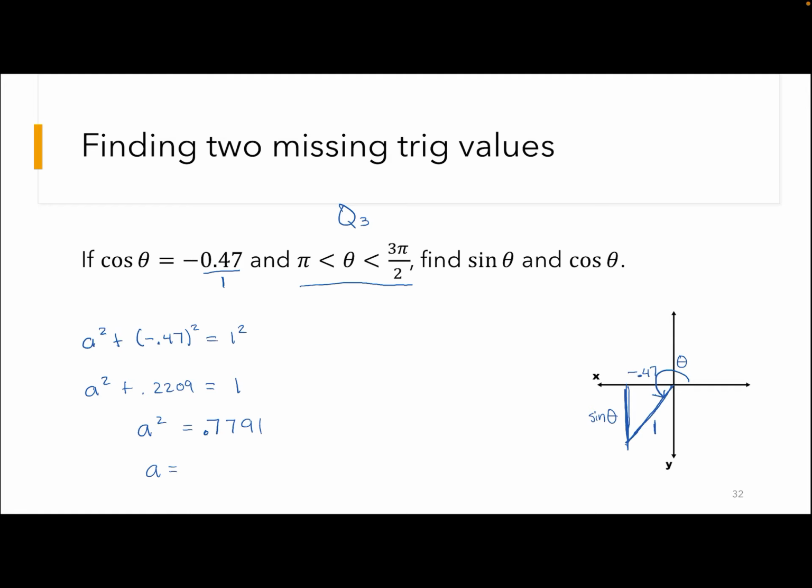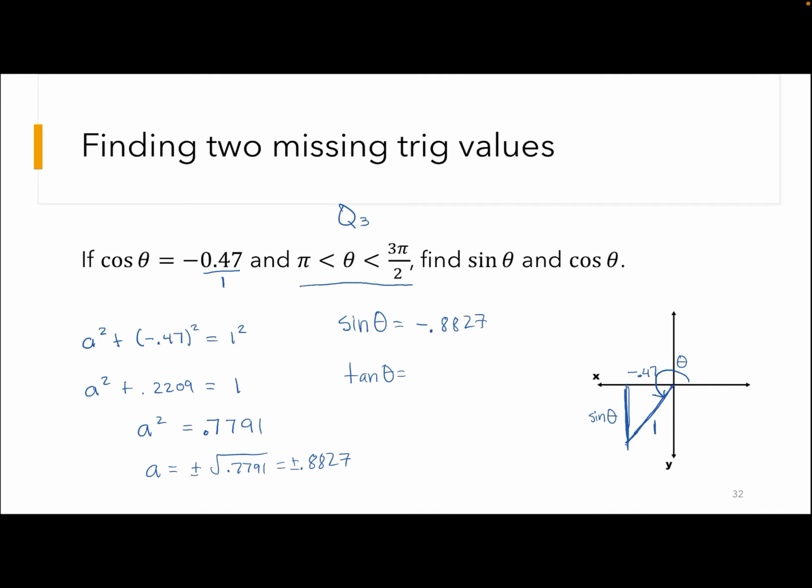And so a is going to equal plus or minus the square root of 0.7791, which, rounding to 4 decimal places, is 0.8827. But since sine is negative, sine theta is -0.8827. And then tangent theta is going to be sine theta divided by cosine.